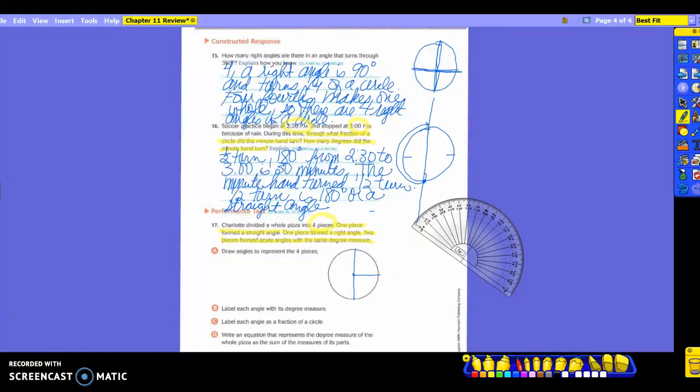Okay, so what's the last one say? 2 pieces formed acute angles with the same degree. So now let's think about this. I have to get 2 more angles in here, and those 2 angles have to have the same measure. Now think about this. I have to have the 180, which was the straight angle. I have to have the 90 degrees, which is the right angle.